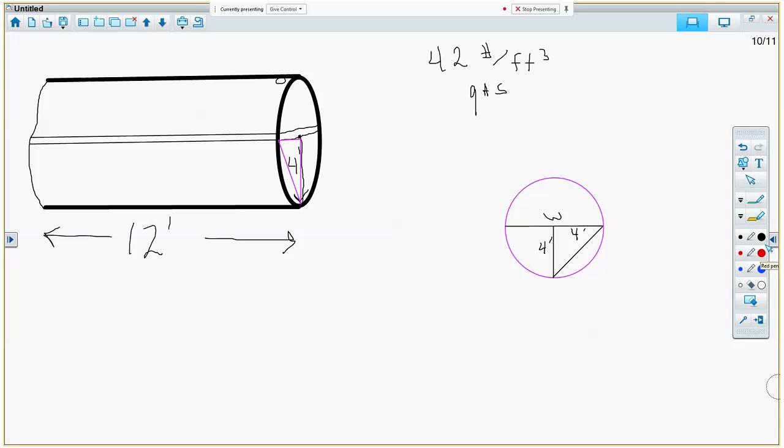All right, and I'm going to draw that, then I'm going to go down here and put W over 2, which is the radius, squared, is equal to 4 squared minus 8 squared.